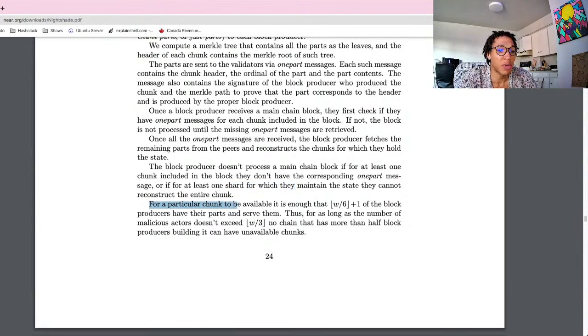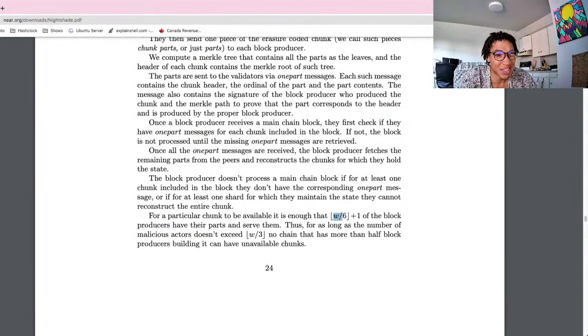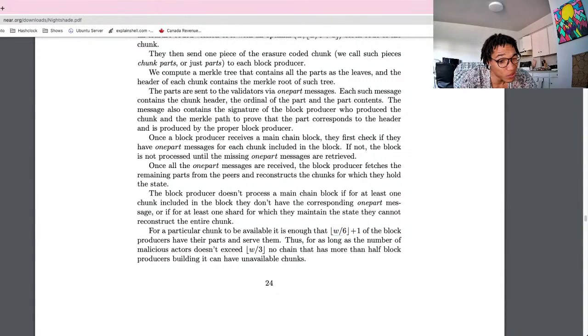For a particular chunk to be available, it is enough that W over 6 plus 1 of the block producers have their parts and serve them. So W was the number of block producers. So as long as malicious actors don't exceed one third of the producers.